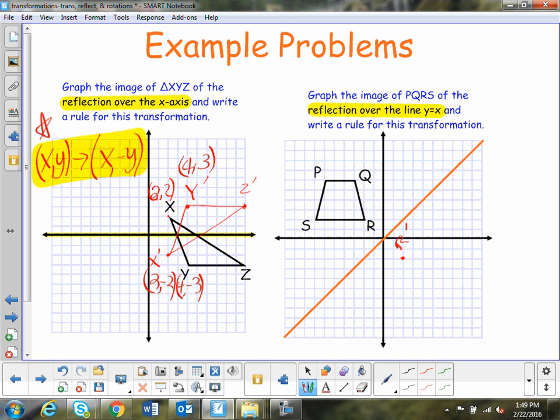So how many diagonal units is Q away from our line of reflection? Can you just count the diagonals and then you draw it with your pencil? Look, 1, 2. Do that for Q. Draw it out. Draw the diagonal so you get to the line of reflection.